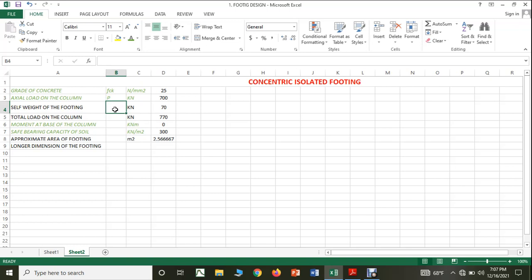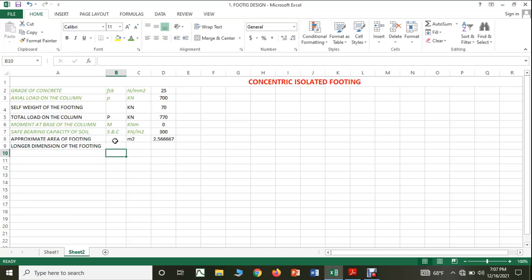The sulfate, nothing is given. The total load, this can be given as small p, the total load can be given as capital P, right? Then moment at the base usually given as M naught, or you can give it as M, and safe bearing capacity is given by SBC.